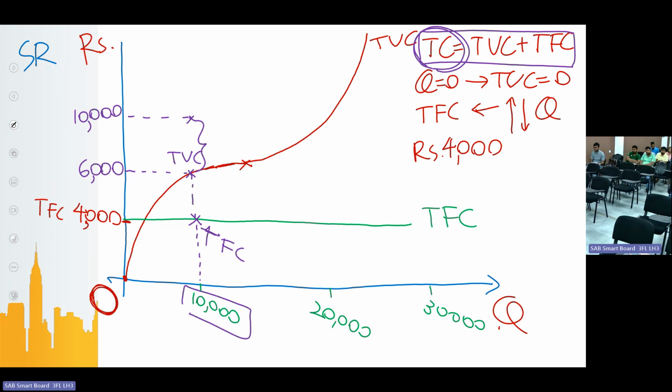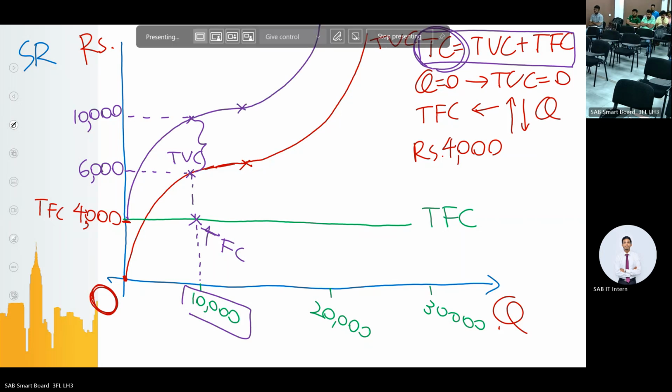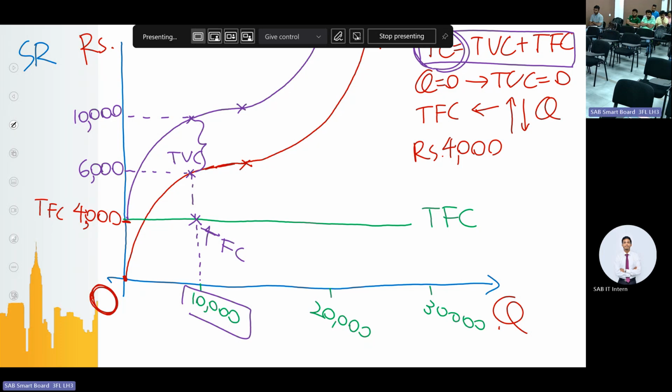At each level of output, we have to shift this total variable cost curve by 4,000. So it will be like this.